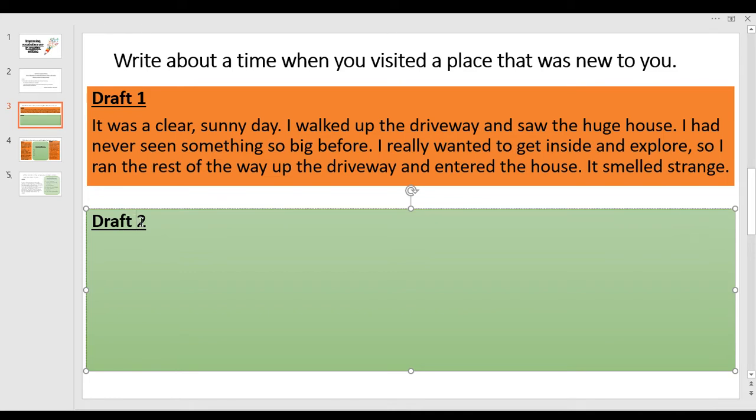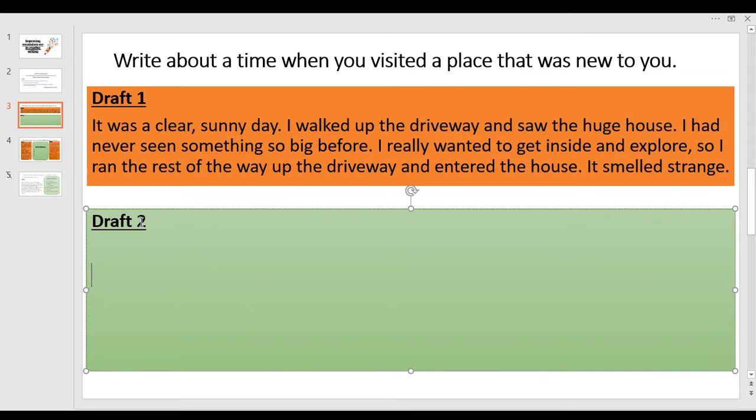I'm going to use the basis of draft one to form my new improved draft, with just a few tweaks here and there. This is to show you how even the slightest change of word, or using a technique you haven't previously, can really enhance your description and catch your teacher's or the examiner's attention.